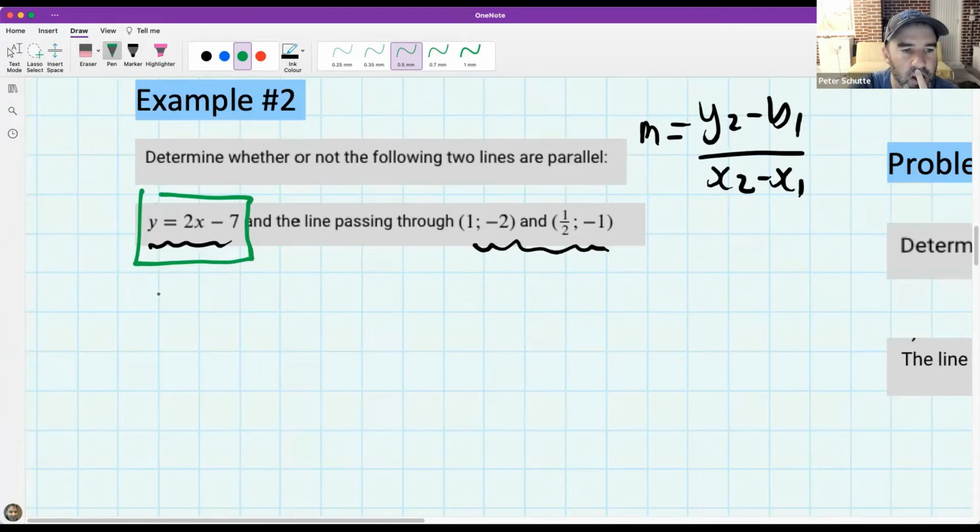Isn't it 7, -7? It's not -7 because the second part here is actually the y-intercept. So it's the number in front of the x, which is the gradient. So that's the first key step. The gradient of the first straight line is 2. Now you need to compare that to whatever the gradient of the line going through these 2 points is.